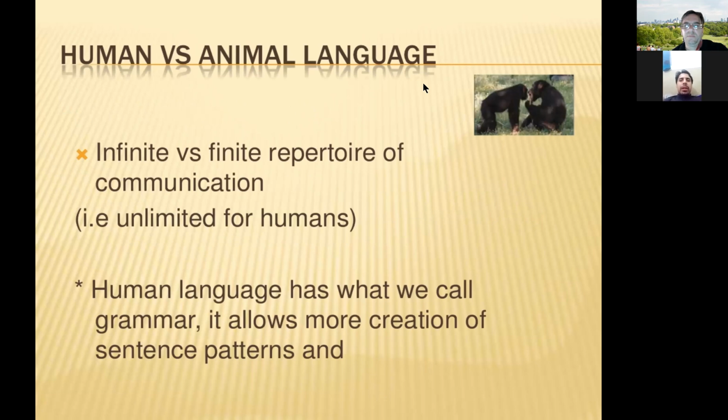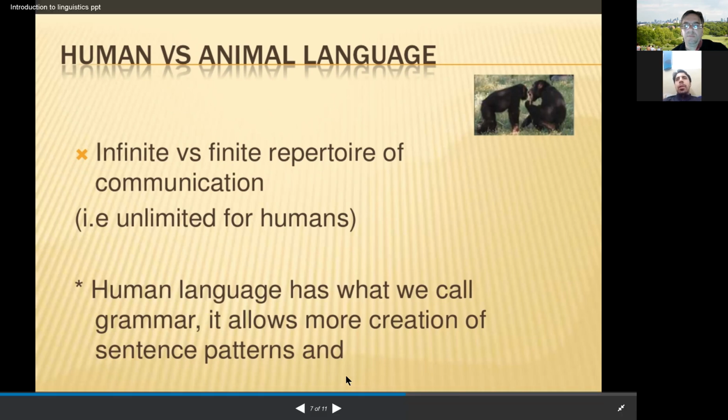Furthermore, when we talk about the difference between human language and animal language, sometimes people ask the question: does an animal have a language? They do communicate, yes, of course, but that is not similar to human language, because human language has characteristics that we do not have in animal language. Human communication has a finite repertoire but infinite range, unlimited for humans.